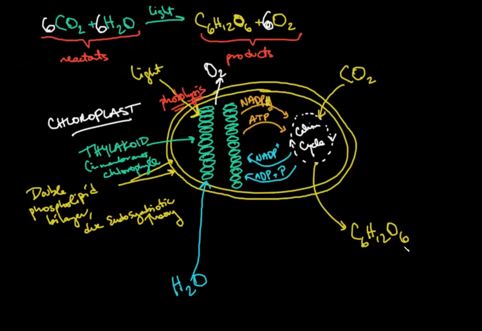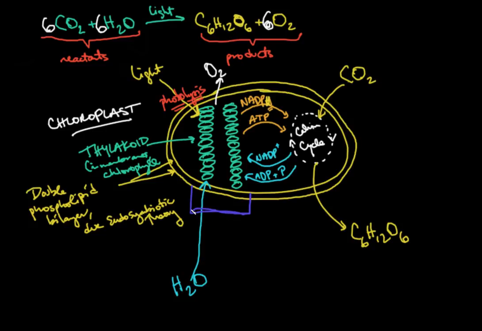So this is the overall process, but there are two major reactions here. And we're going to label them so you have some context for them. So the first one is over here.